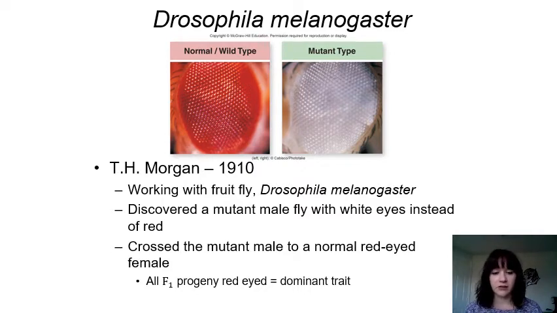He crossed the mutant male with a normal red-eyed female to determine whether it was a dominant or recessive trait. He found that all of the offspring were red-eyed, indicating that the allele for red eye color is the dominant allele, and the recessive allele is the white eye color.